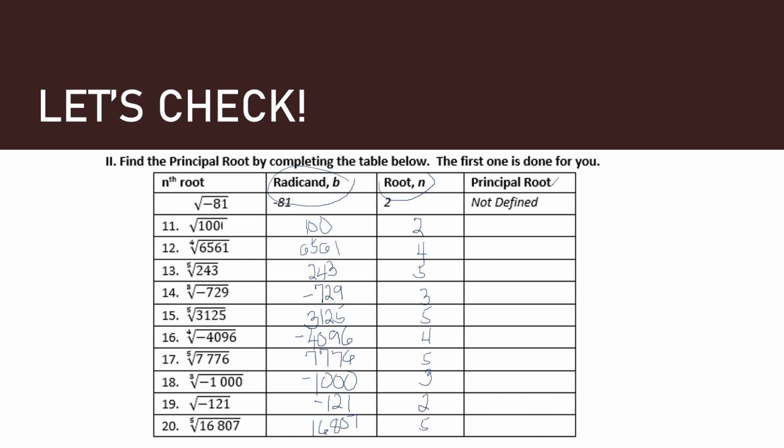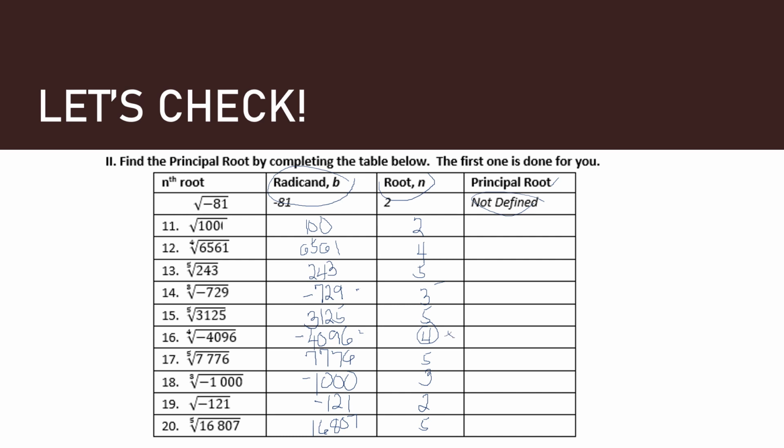So let us identify first if there are roots not defined, or the principal root is undefined. That happens if the given radicand is negative and the root is even. So this is negative, but the root is odd, so that is okay. Here we have a negative radicand and it is even.